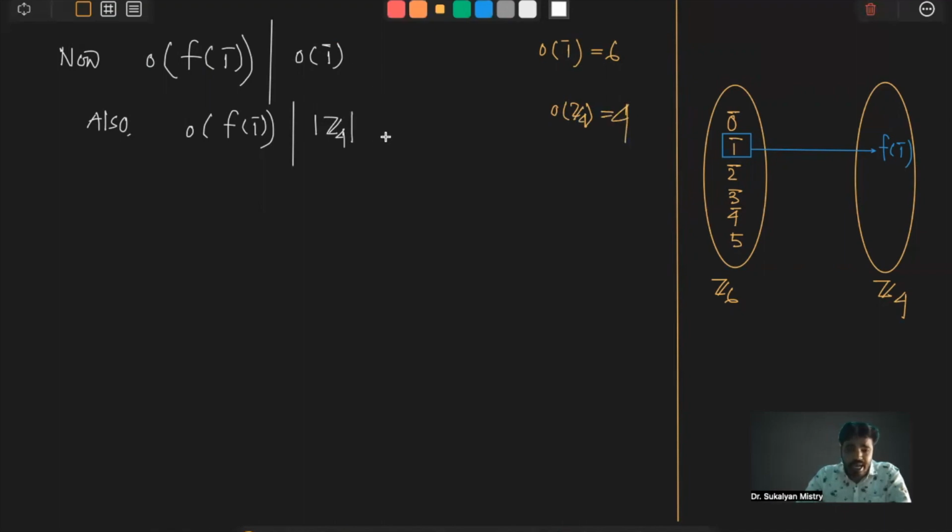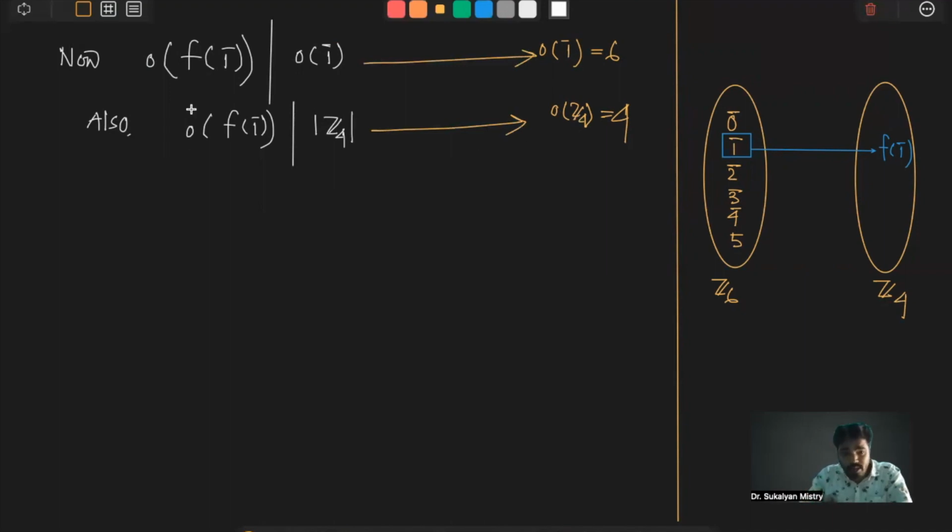So the common divisor of 6 and 4 will divide both of them, right? So therefore order of F1 bar is a common divisor of 6 and 4, because order of Z6 is 6 and order of Z4 is 4.